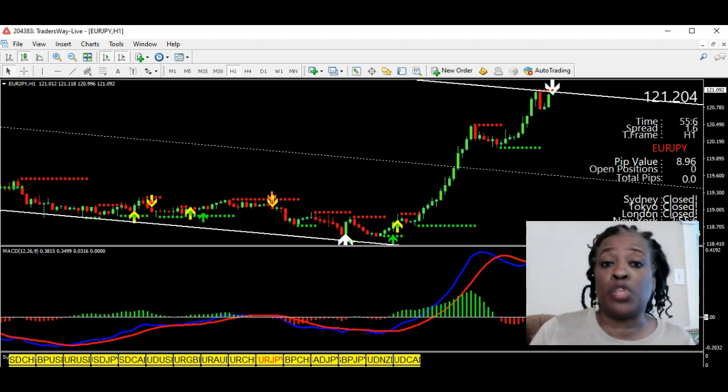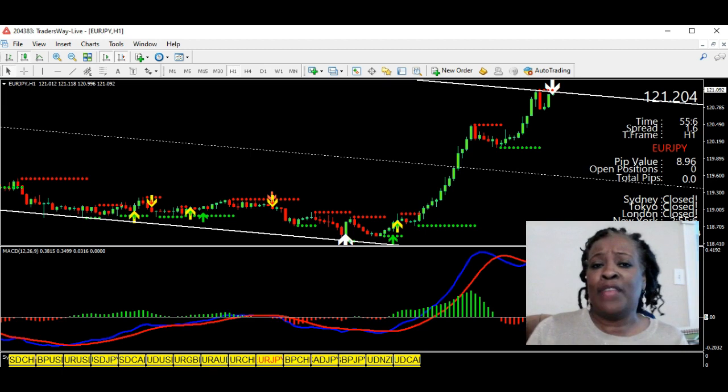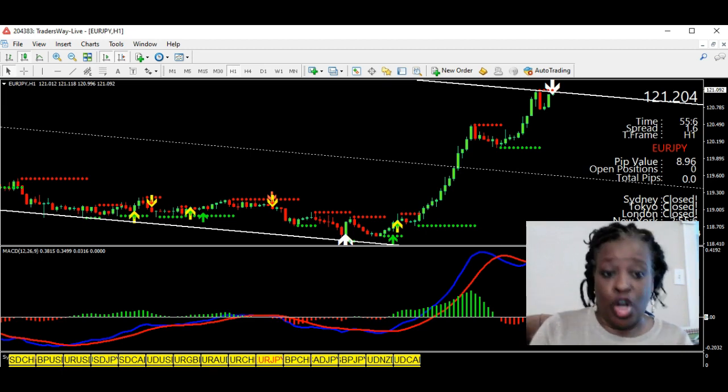And then, of course, we have the triple arrow. The triple arrow is responding to price. So it's almost like having a magnifying glass where you can see beyond the charts, right? You can see beyond the price, or the inside of the price. It's almost like that because the arrows are responding to price.